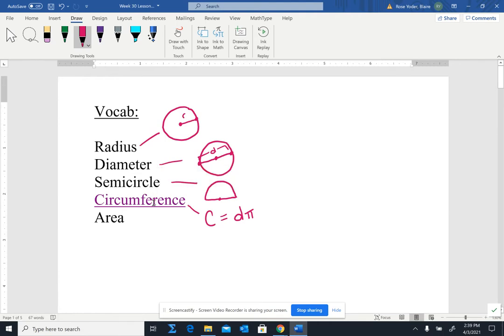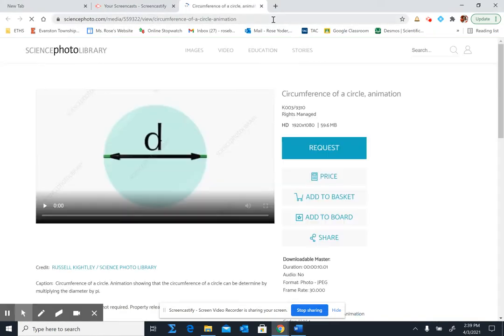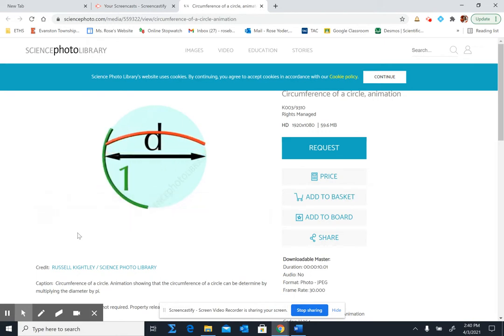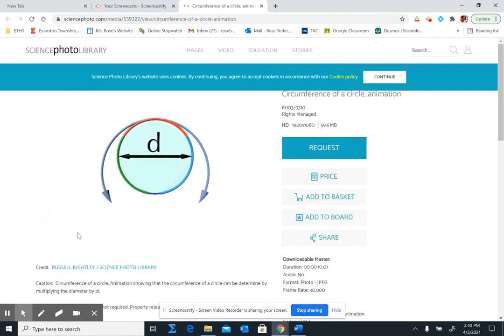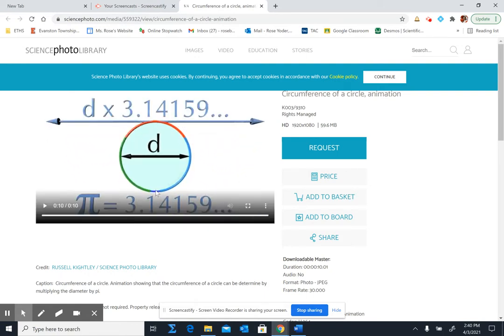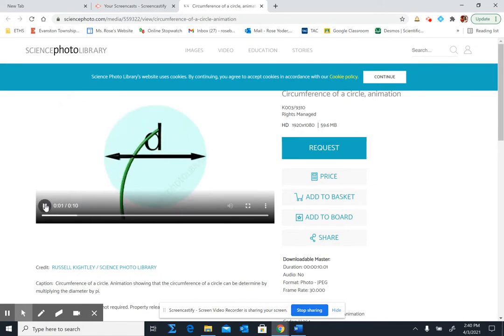So I'm going to show you a quick animation that sums up why the circumference of a circle is pi diameters. So there's the diameter, and then they used 3 different colors to wrap them around the circles. There was a green diameter, a red diameter, and a blue diameter, and then there was a little piece left over, and that's because there's 3 diameters plus a little bit more that fit around a circle.